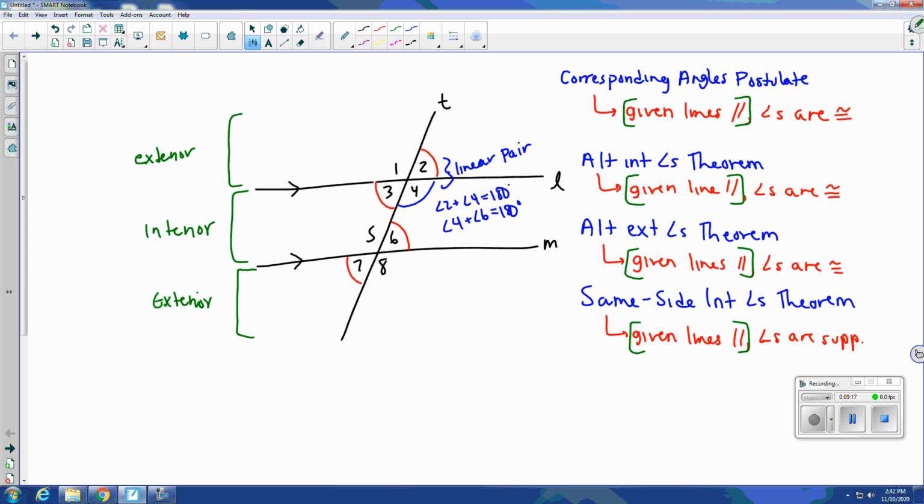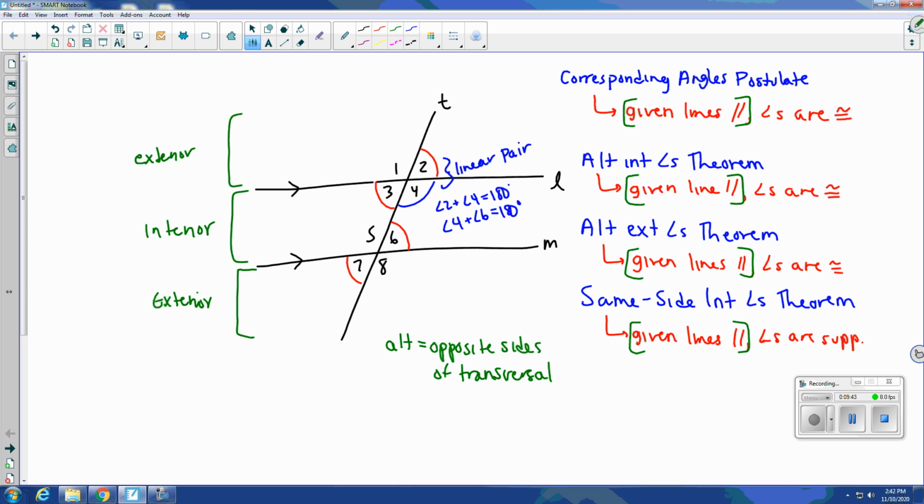So when you see alternate, that's talking about opposite sides of the transversal. Same side is referring to the same side of the transversal. When you see interior, that means on the inside of the lines, exterior outside of the lines.